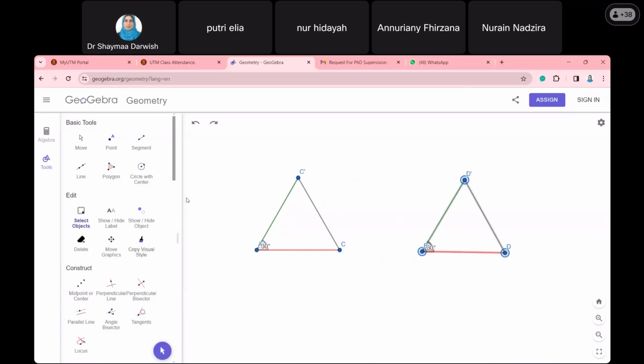Just cut the first one, take it, and put it on the second one. So they should both be equal.